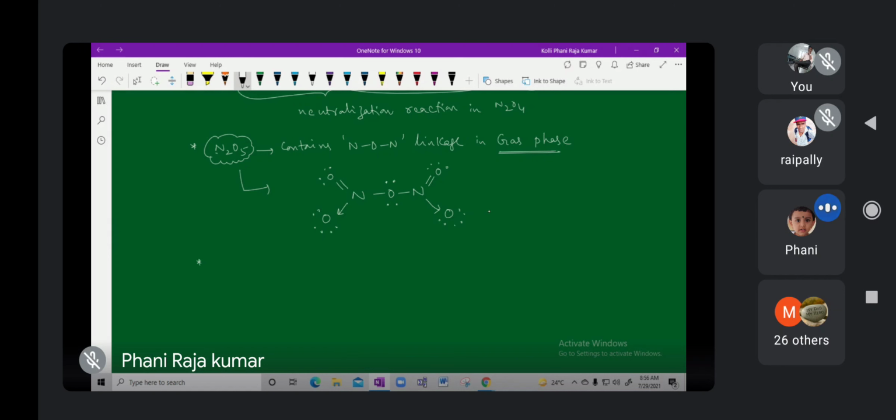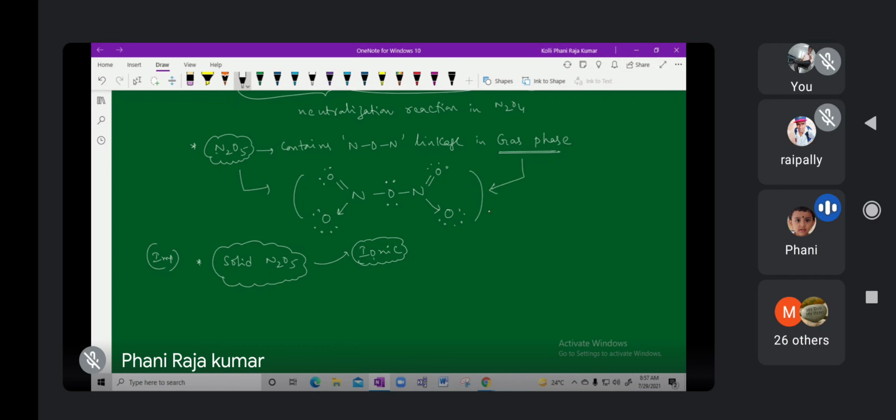And one important point we have, that is the solid form of N2O5, not the gaseous form. The solid form of N2O5 shows some ionic nature. But this is the structure in gas phase.